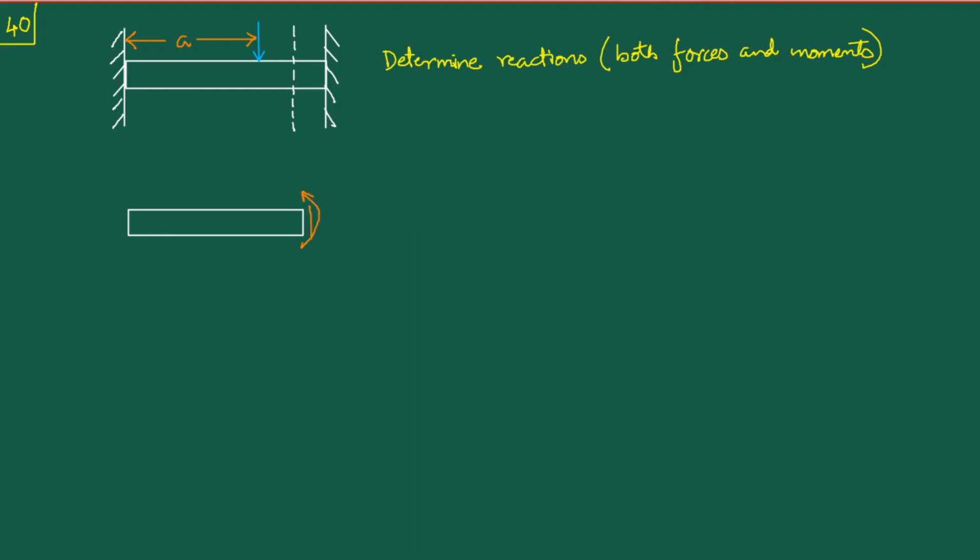I'll also have a V. Note that at this end, it is this M naught and this R naught which we wish to find out.